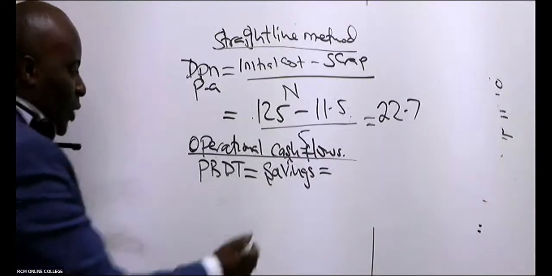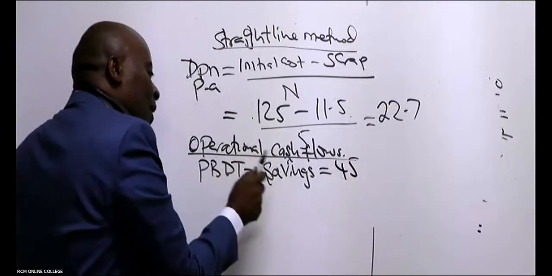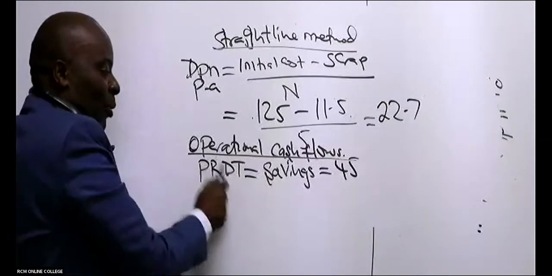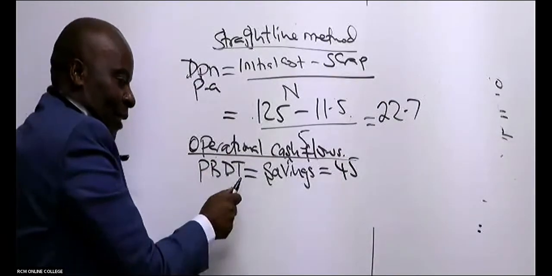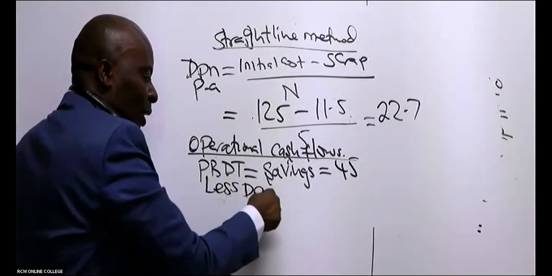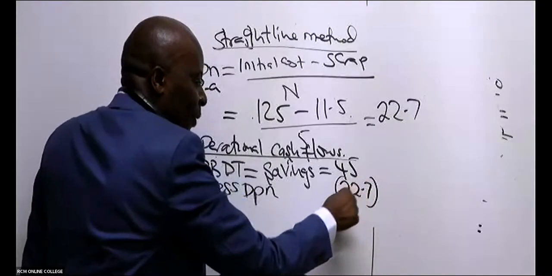So these savings, always, please listen. Whenever you hear of the word savings or contributions, know that that is increase in profit before depreciation and tax. So now that I have that, I will come and less depreciation of 22.7. What shall I get here?